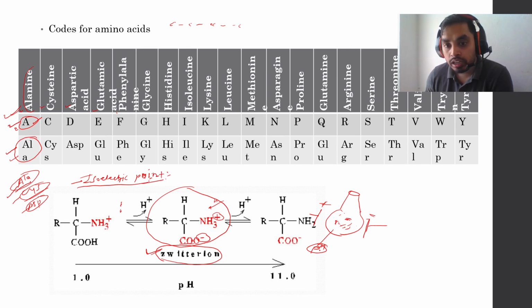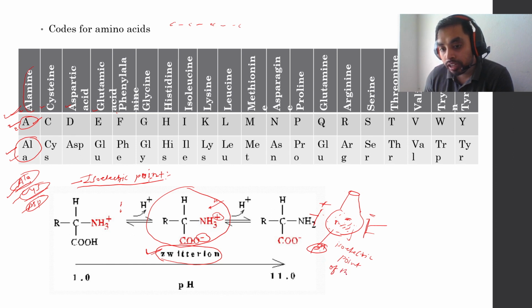This is not any point, this is a pH. So isoelectric point is a pH at which there is no net movement of the amino acid in an applied electric field. If we apply an electric field on the solution and the amino acids present in this solution do not move towards any electrode, then the pH of the solution is the isoelectric point of that particular amino acid.